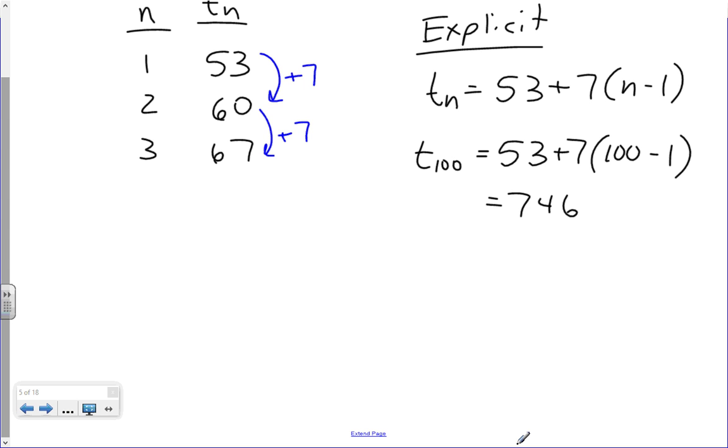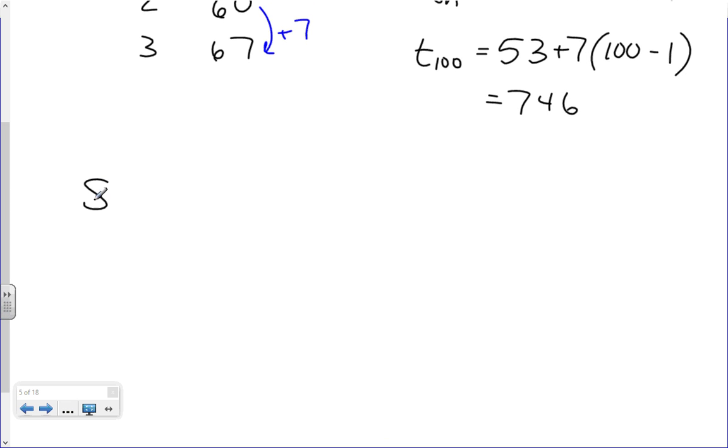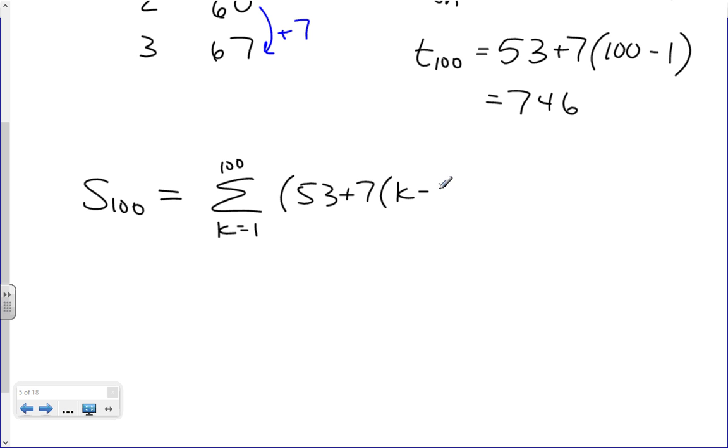Okay, so now, what's our 100th partial sum turn out to be? Well, S sub 100. I'm going to go ahead and write this in sigma notation first, and then we'll evaluate this either on our calculator, or we're actually going to use our formula in just a second. So this is the sum from k equals 1 to 100 of 53 plus 7 times k minus 1.